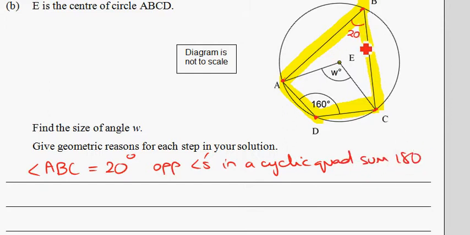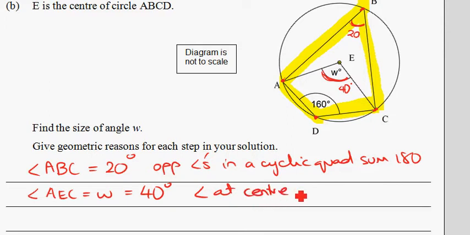And then we can use our arrowhead rule that says that the angle at the centre is twice angle at the circumference subtended by the same arc. So angle AEC, which is W, is going to equal 40 degrees, and that's because the angle at the centre is twice angle at the circumference off the same arc.